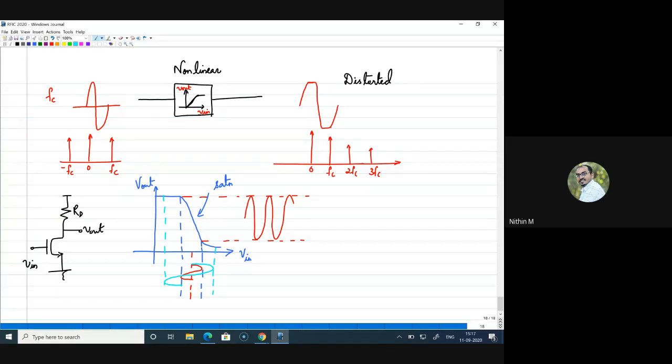So ultimately that will result in an output that will be definitely distorted in this form, because after this point actually there is nothing here, there is a limitation even from the power supply side. So what you will get is something like this. So this is what I meant here as distortion, and this basically comes because of the non-linearity of the system. Your device is non-linear and we are not working on the linear part of the graph.